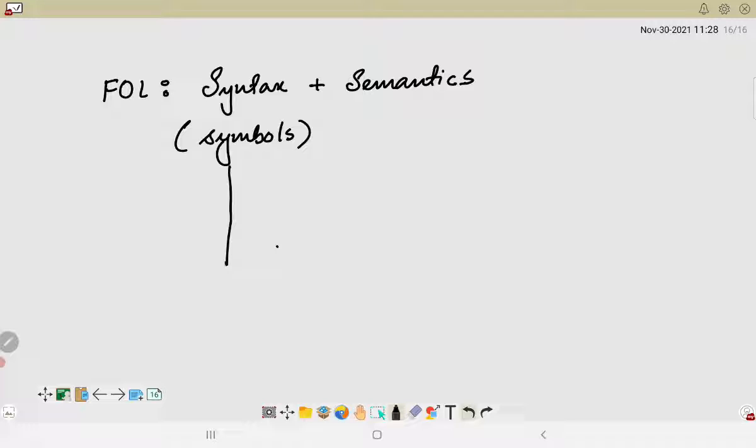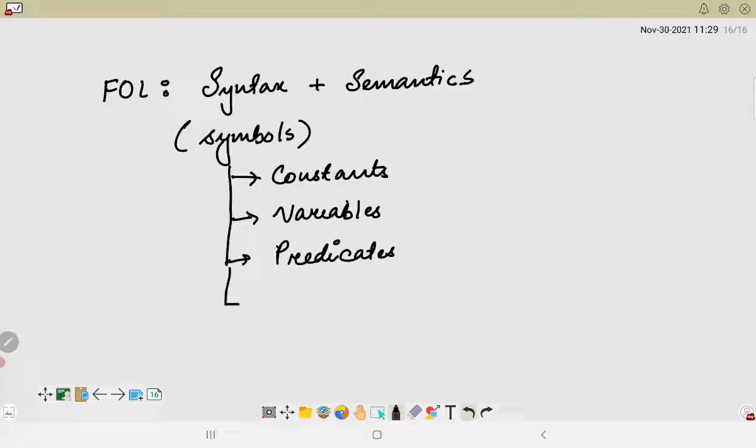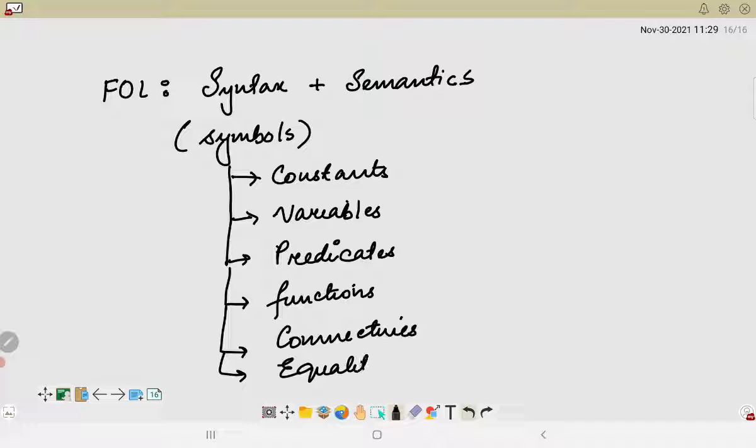These symbols can take care of constants, variables, predicates, and functions, and they also consider connectives. Some of them are common to the propositional logic we have already discussed. Some we will find as new ones. So equality is there, and then we have one more, which is the quantifier.